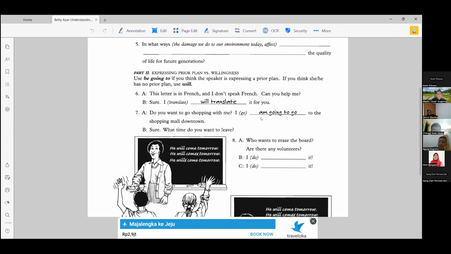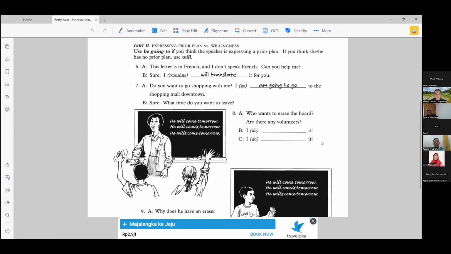Right, so why we are using "I'm going to" instead of will is because this guy is asking somebody else to join. It means his intention is making going downtown a prior plan, like he already asked somebody else. Inside his own mind, this plan is definitely going to happen with or without his friend.